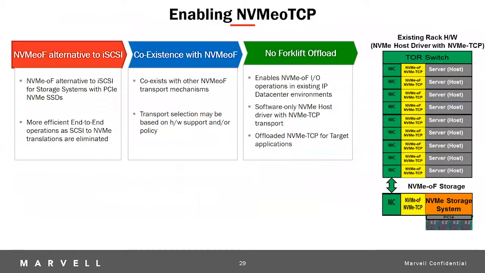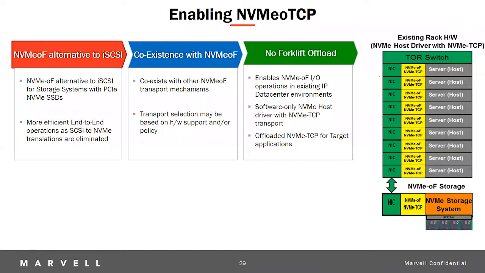You can go to the next slide. So I think Tom has already talked about it, and so have the other two panelists, but NVMe over TCP is emerging as a potential for really scaling out storage access.